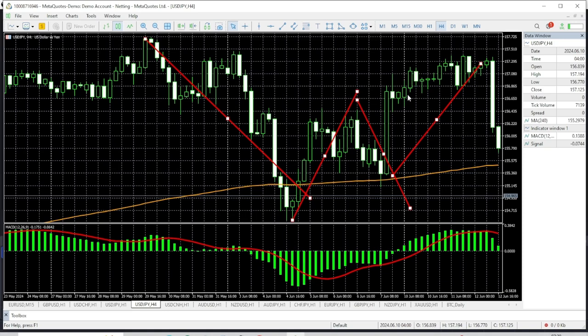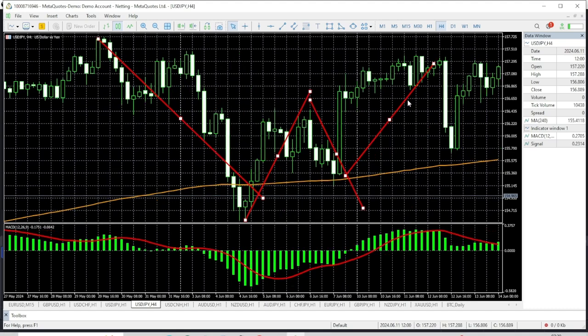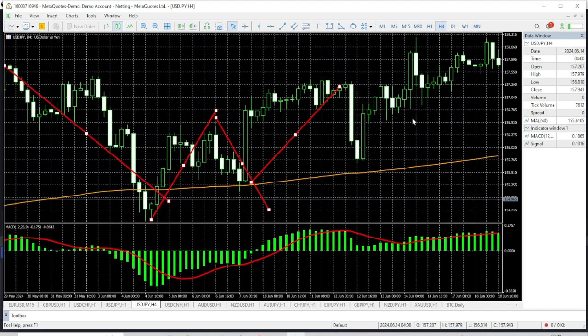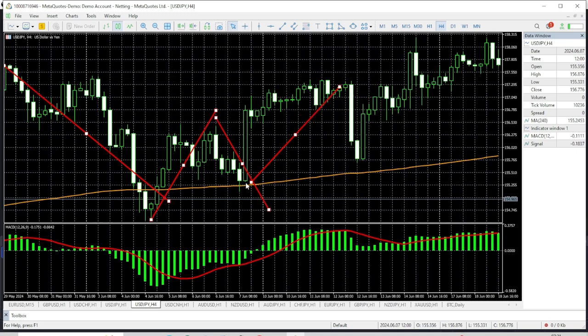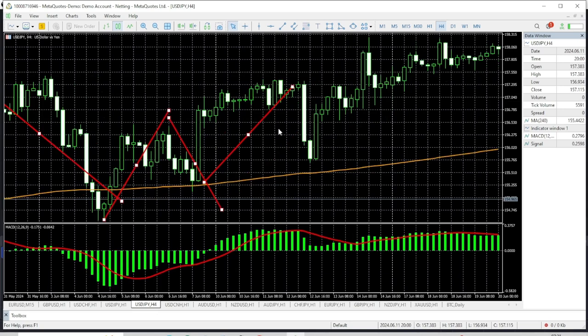Now, when are we going to buy? Excuse me, we are going to be using the MACD to buy. If you look at the MACD, we want the MACD to be in concordance with the EMA 240. So from this particular candlestick, we see that the market is uptrend.